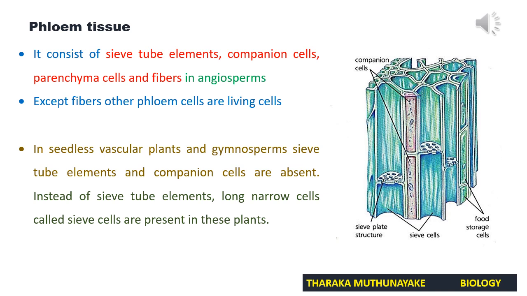Remember, among all these cell types, sieve tube element is the most adapted cell type for efficient phloem translocation. But sieve tube elements and companion cells are not found in lower vascular plants. Therefore, phloem translocation in them happens through sieve cells, but it is less adapted compared to sieve tube elements.